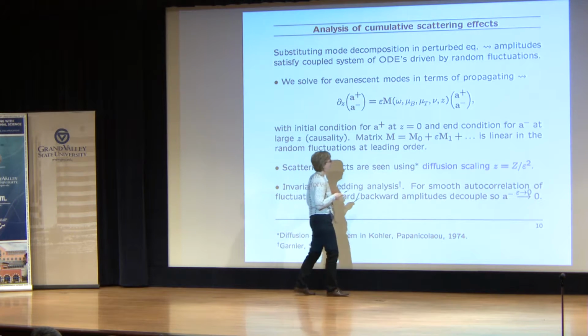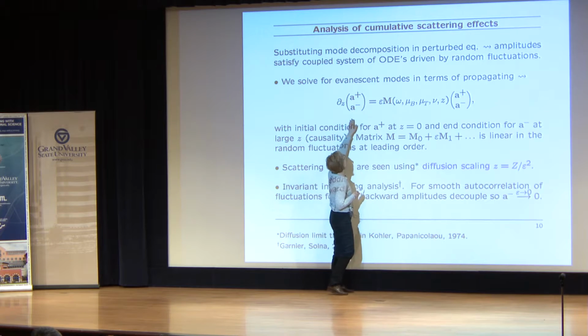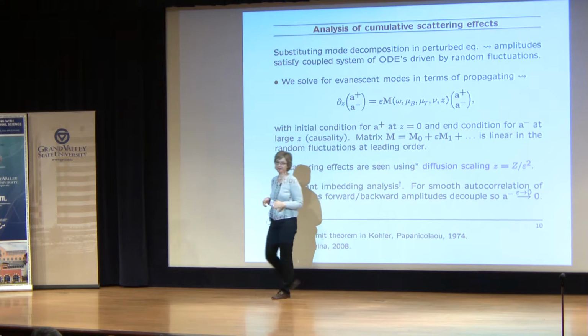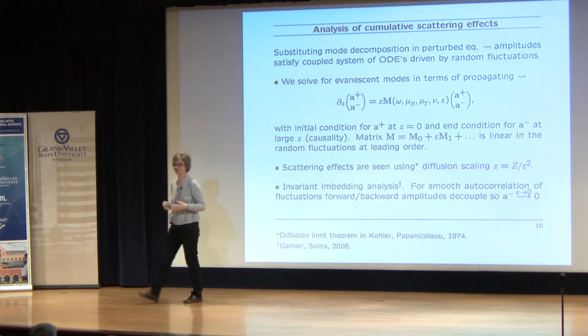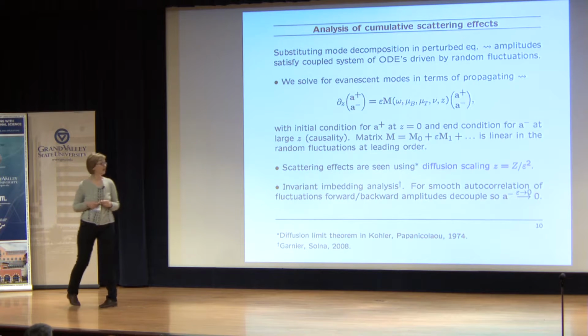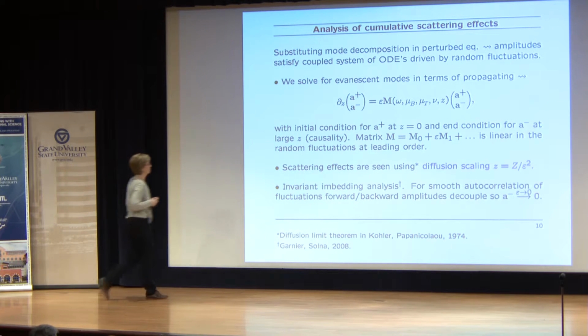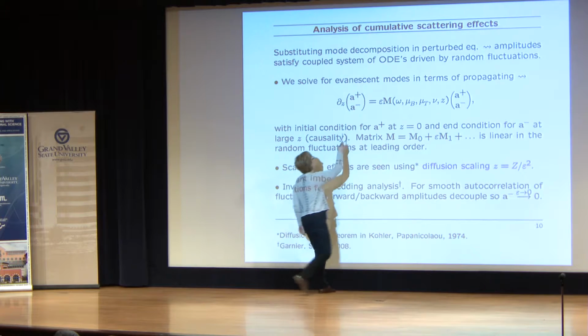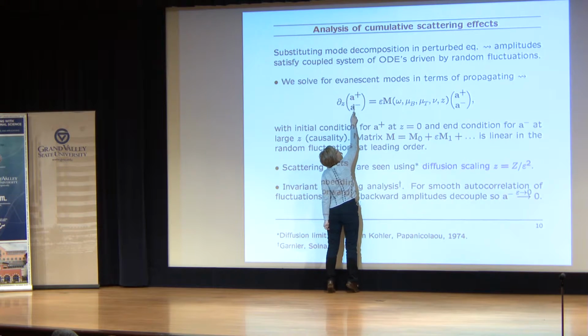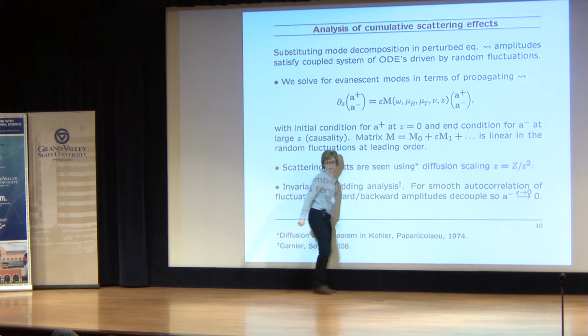This basically means that we can forget about the backward going waves, which is observed experimentally, for example, in underwater acoustics, and we deal with a forward scattering approximation. So from now on, we will proceed as if I only have the forward wave, A plus, okay?